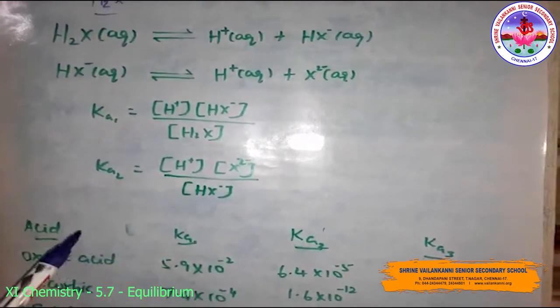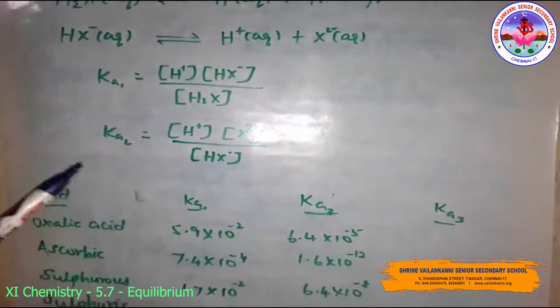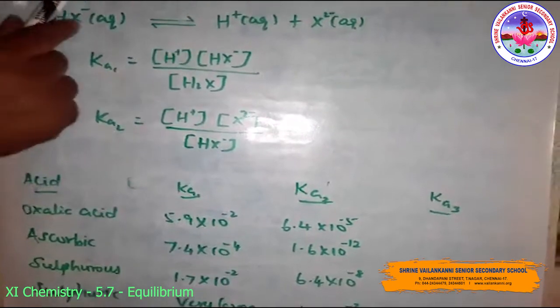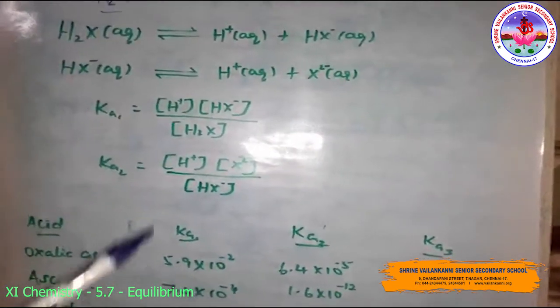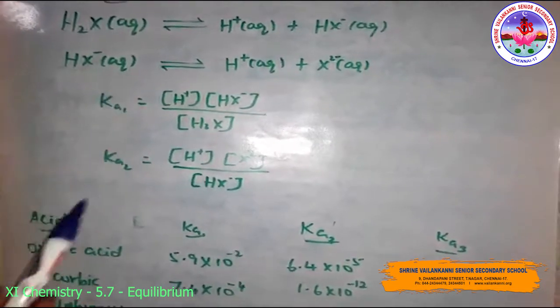Ka1 and Ka2 are called the first and second ionization constants. Similarly, for a tribasic acid like H3PO4, phosphoric acid, we have three ionization constants.